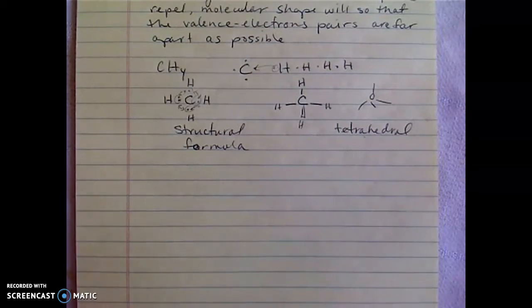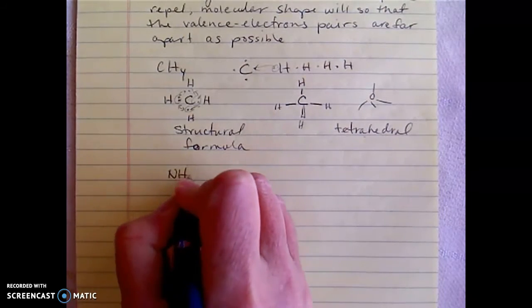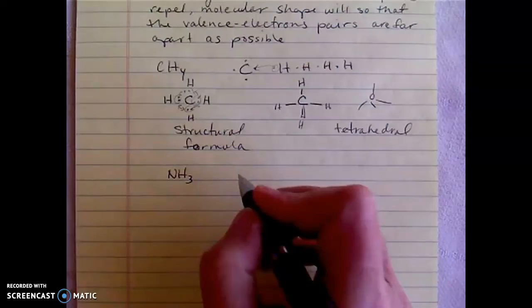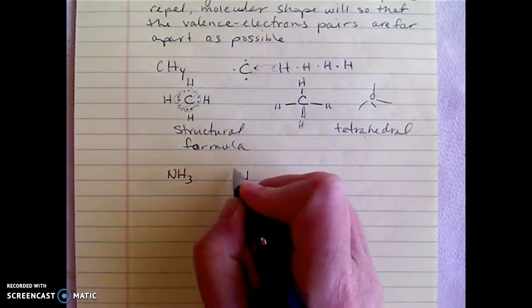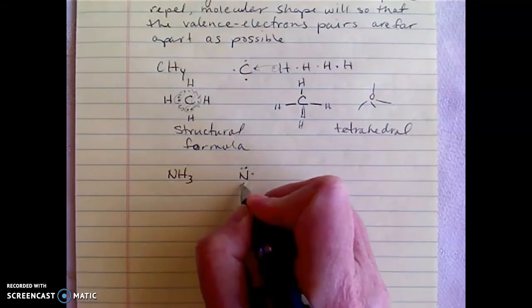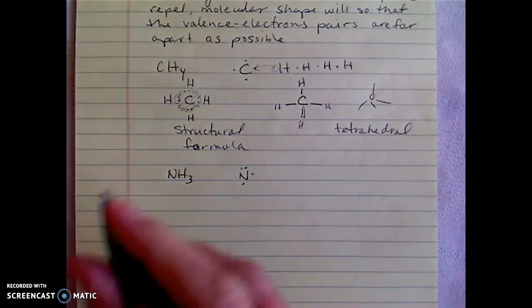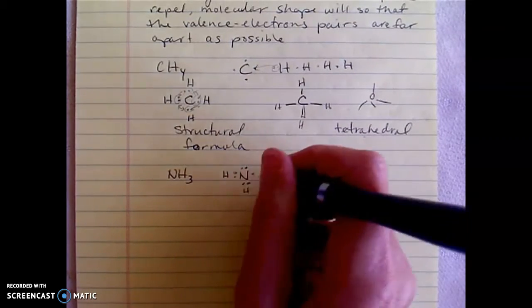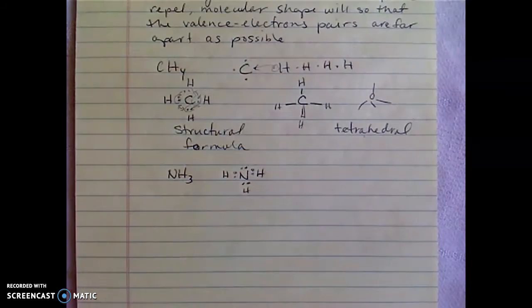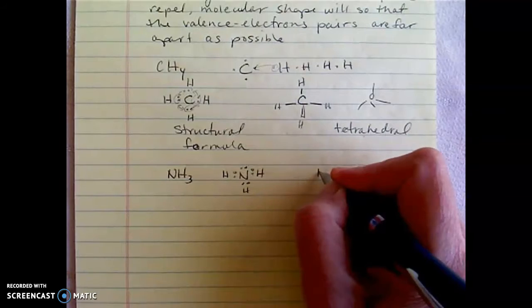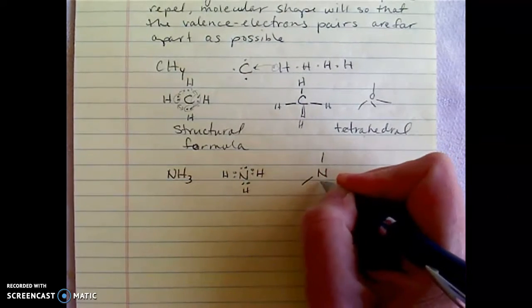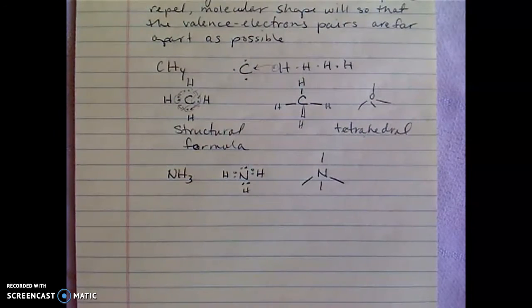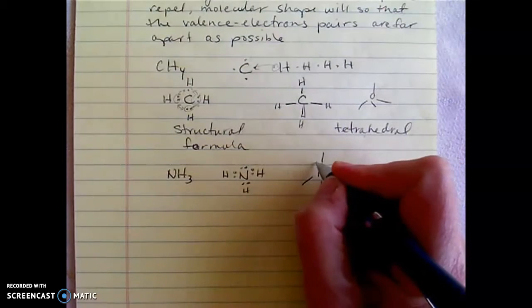Okay. One variation comes with NH3. You draw the dot structure for NH3. N has 5 valence electrons. So you'll have 1 hydrogen here, 1 hydrogen here, 1 hydrogen here. And so when we go to draw this tetrahedral, you're going to have your 4 lines for your 4 pairs, your 8 valence electrons, and then you'll have a lone pair here.